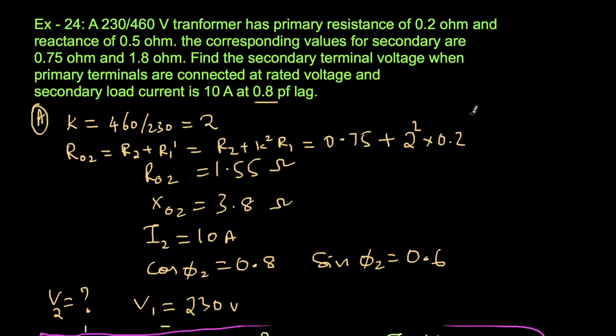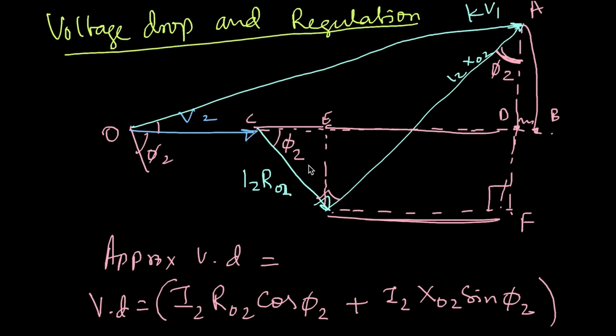Let's see more. We'll go back once again and discuss slightly about this voltage drop and regulation. This formula that we had written applies only for lagging loads. Let me quickly derive another formula for leading loads, but first let's review this. We have already solved this earlier.